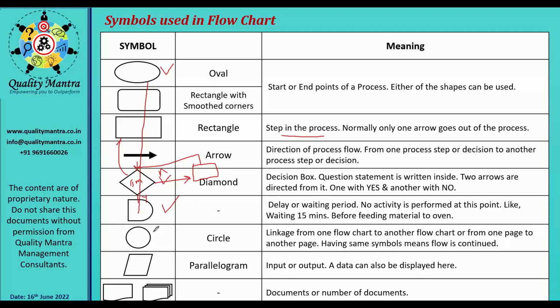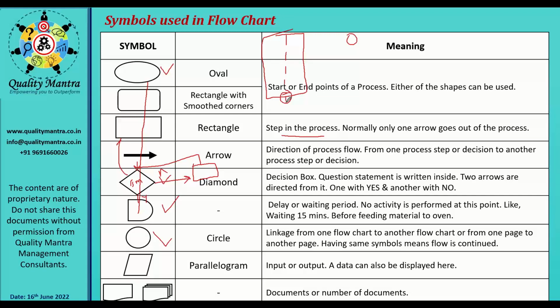Then there is a circle. The circle shows the linkage from one flowchart to another, from one page to another. Like if you are making a flowchart and it is not possible to cover the entire thing on one page, how are you going to link it with what starts on another? So you give a circle.